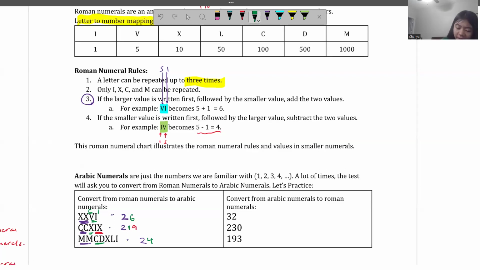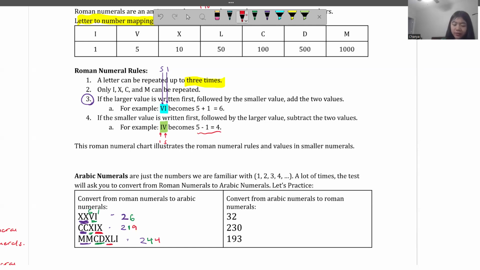Next you have your next letters, which are X and L. X is 10. L is 50. But since the 10 is written before the 50, since the lesser value is written before the greater value, you subtract the two. So that's 50 minus 10, which is 40. So you have 2,440 something.